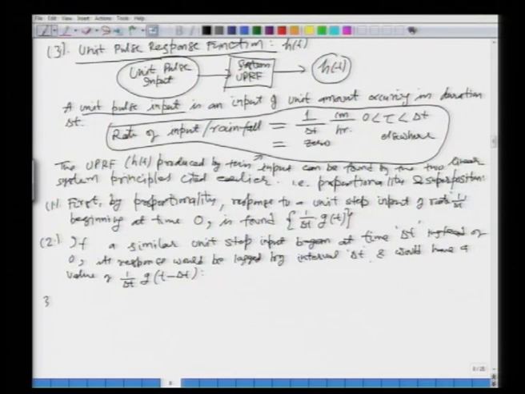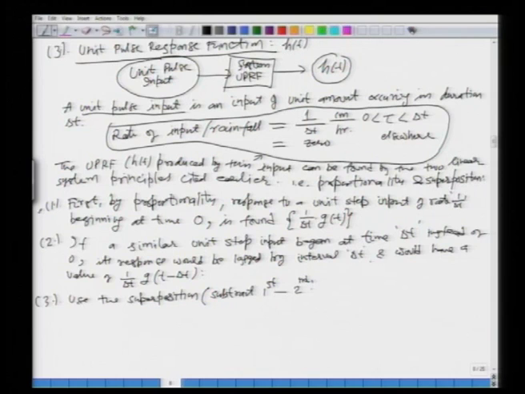And then the third step, we use the superposition. How? We subtract, or carry out this subtraction operation, first minus second, all right.